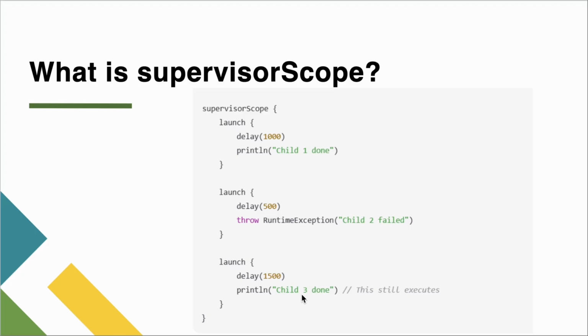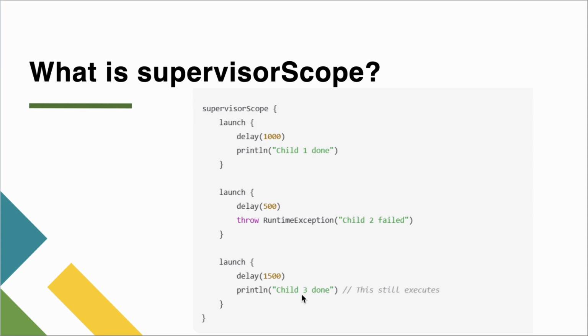So this is a place where you have, assuming, 2 different API calls that are going to happen together, and if any one of them fails, even then I would want to execute the other ones and bring back the result to my UI.